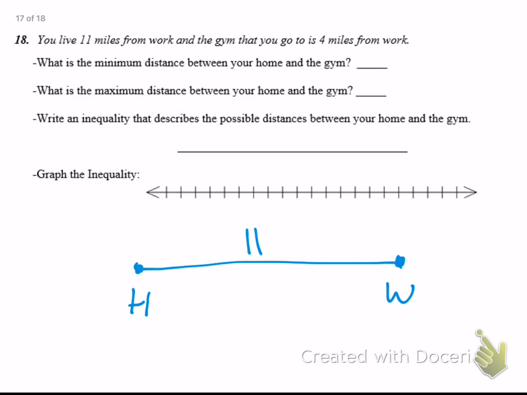Well, the gym could be 4 miles from work to the left, or it could be 4 miles from work to the right. So the minimum distance that it could be is 7 miles. The maximum distance it could be is 15, taking the 11 and then adding on the 4.